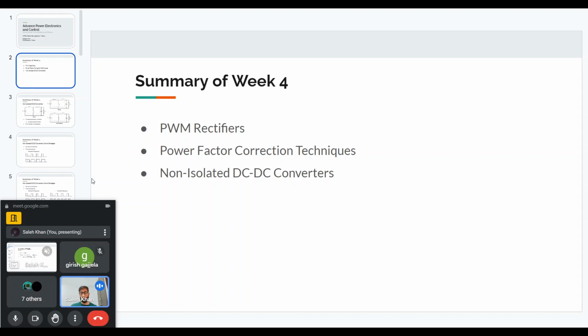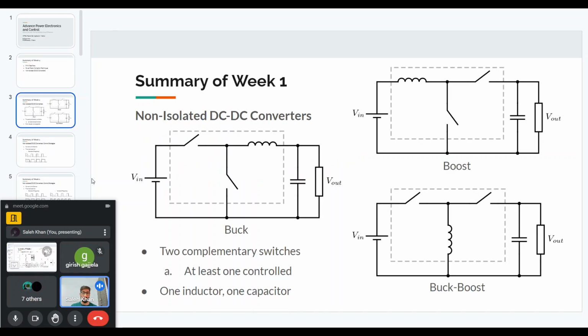So let me begin with non-isolated DC-DC converters. The three basic converter structures that we'll be studying are the buck converter, the boost converter, and the buck boost converter. They all have an input DC and an output DC, and the load can be resistive or some other kind of load.